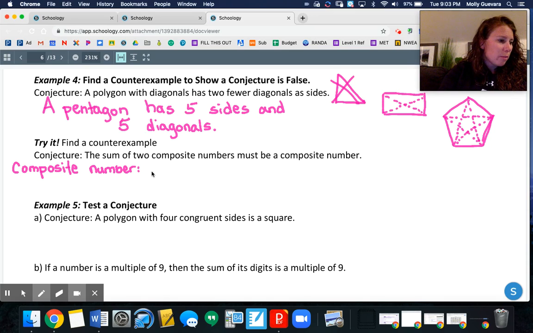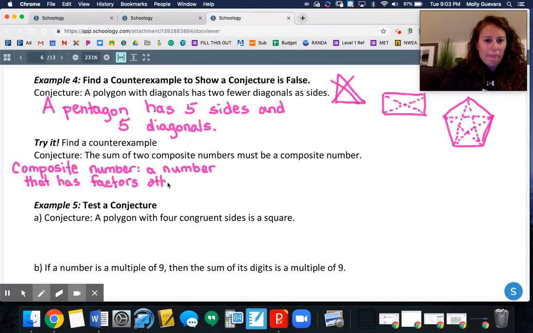The definition of a composite number is a number that has factors other than 1.